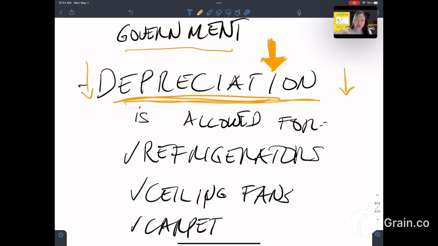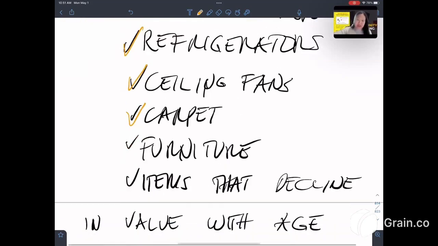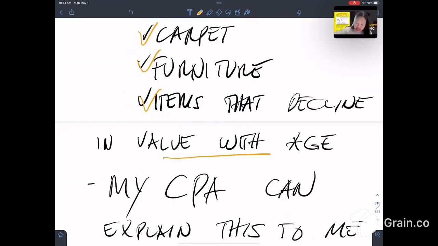When you're an investor, just like myself, I'm an investor in 2 apartments, which I rent out to my tenants. Depreciation is allowed for things inside the building, such as refrigerators, ceiling fans, carpets, furniture, and items that decline in value with age.